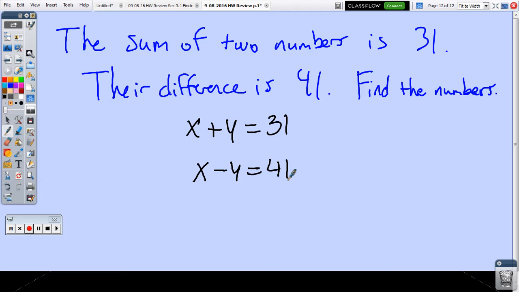No, not at all. I don't remember how to start it. Which one do you prefer? Elimination. I like elimination too. Do you see how one of these variables could eliminate pretty quickly? Yeah. Okay, go ahead and go down that road.